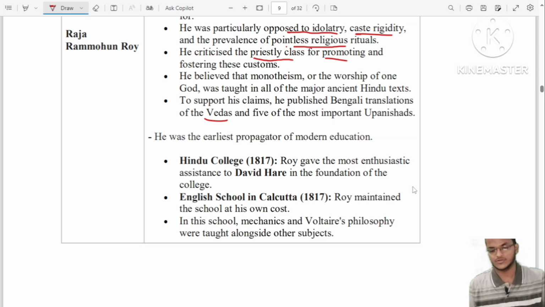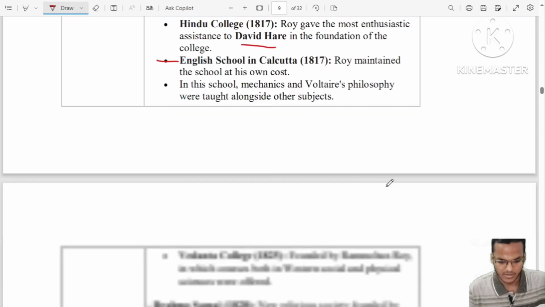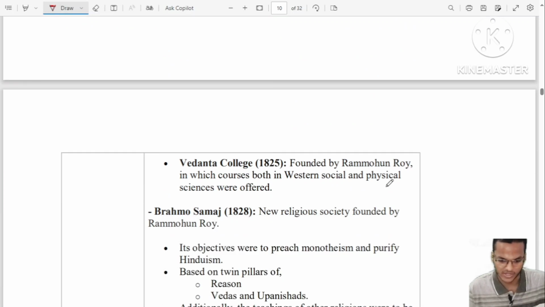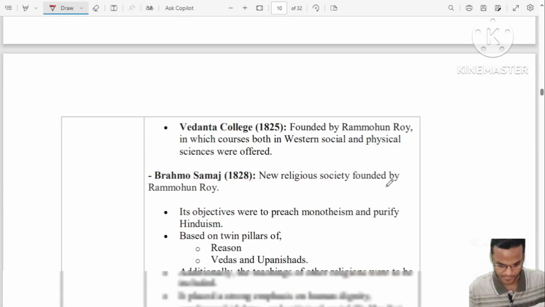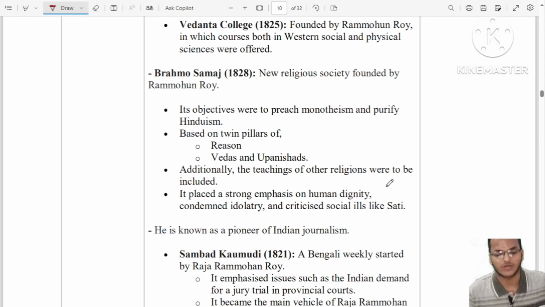Then major contributions. Then comes the Hindu College, one of his very significant works. The Hindu College was founded in 1817 with David Hare, an English school in Calcutta. Then the Vedanta College.